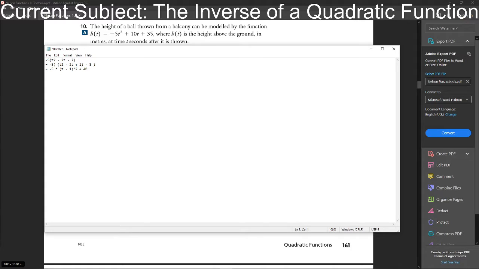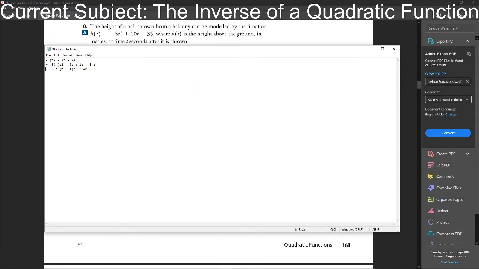Okay, and let's grab the original. Okay, we got the original right up there so we can see it. So you wrote -5. Oh, you factored out the 5. Of course.